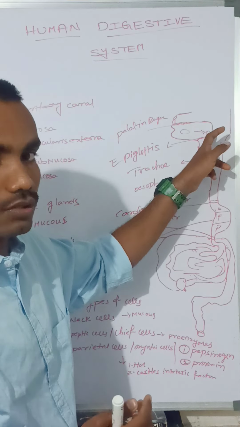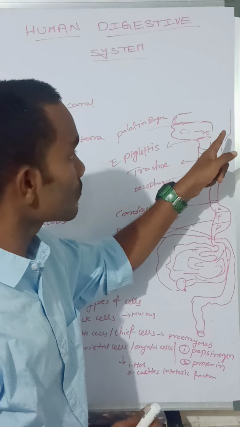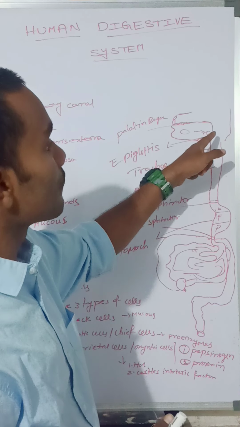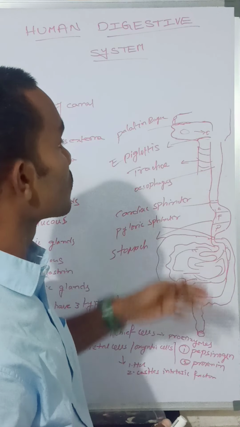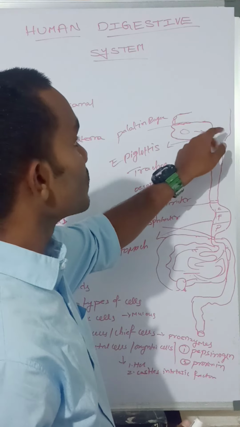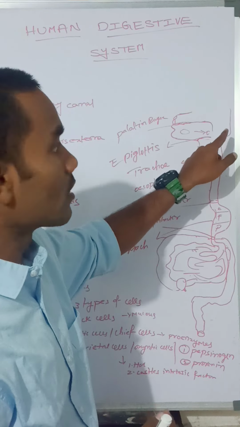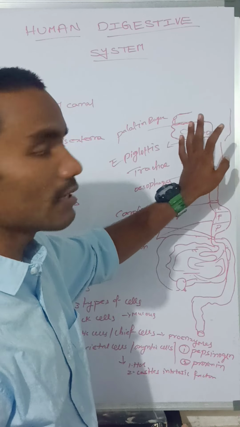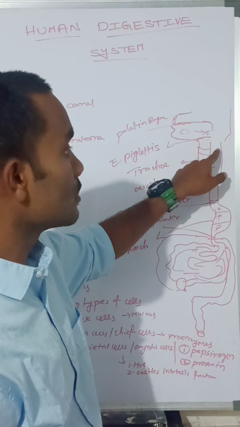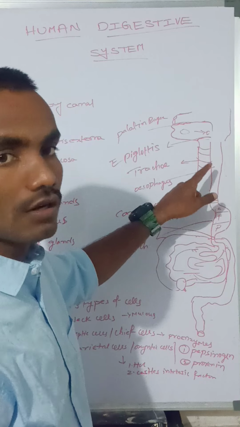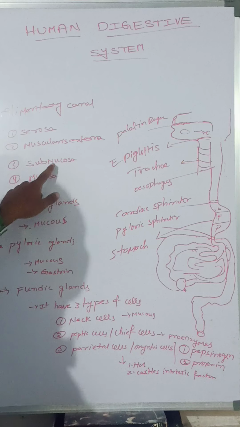It has secondary lymphatic organs, which are three types of tonsils: pharyngeal tonsil, palatine tonsils, and lingual tonsils. Then we come to the esophagus. From the esophagus to the anus, the alimentary canal is made up of four layers: serosa, muscularis, submucosa, and mucosa.